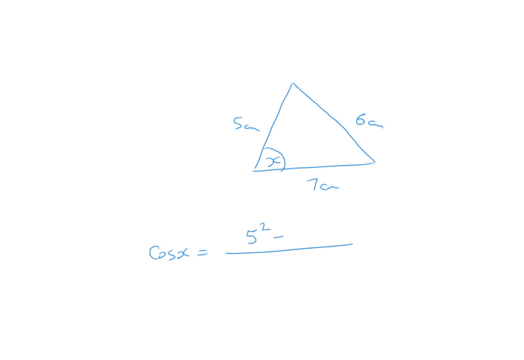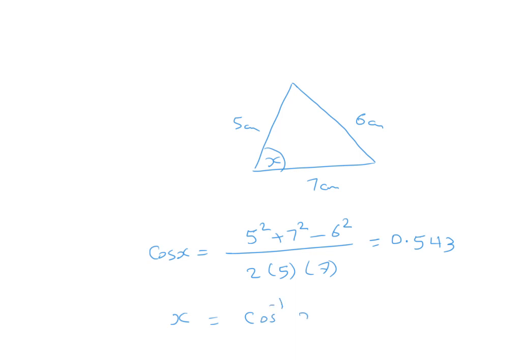What about the denominator? 2 times 5 times 7. Yes, you can find the answer. 0.543.